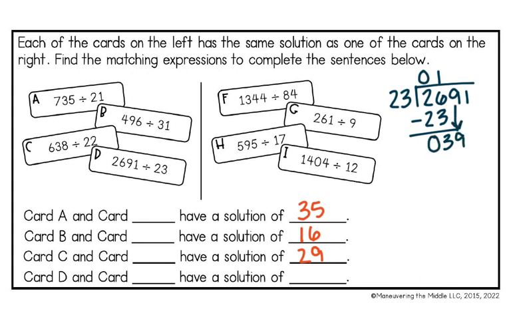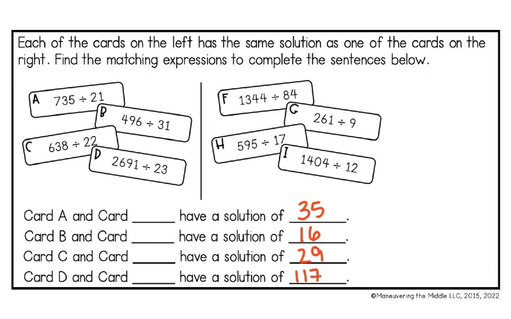Bring down the 9. 23 can go into 39 one time. 1 times 23 is 23, and I'm going to subtract. 9 minus 3 is 6. 3 minus 2 is 1, and I'm going to bring down my 1, so we have 161. 23 can go into 161 7 times, and 7 times 23 is 161. Subtract, we get 0. So our answer to card D is 117.